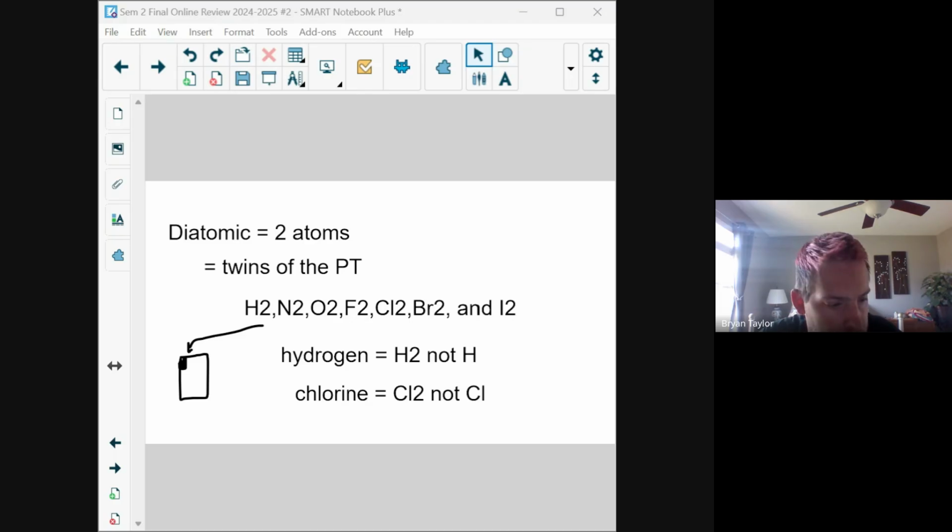Is your periodic table labeled? Just double check it the next time you see it, okay? Because I can help you add those really quick.